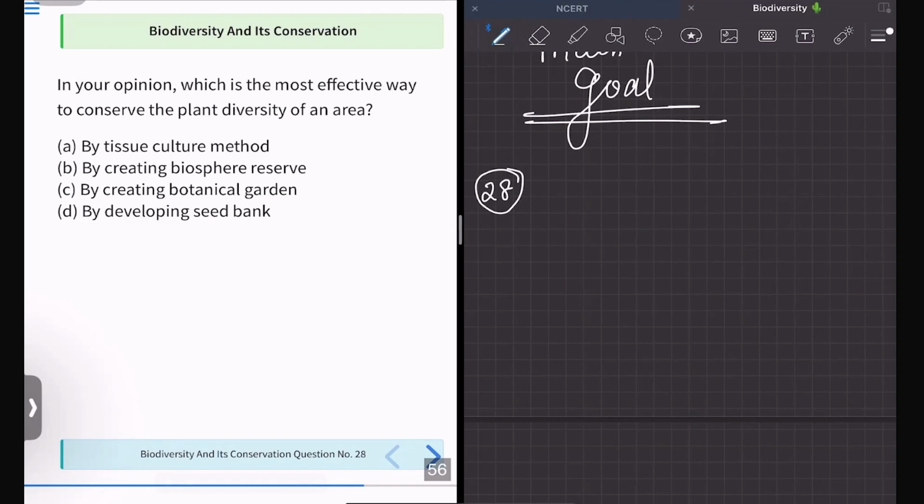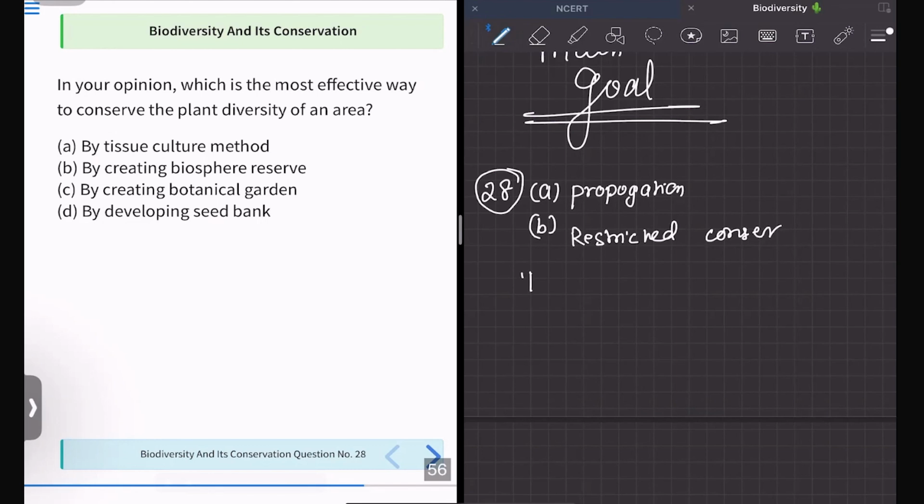Option A, tissue culture, is for propagation, meaning a specific plant is created by our own means, and it does not help you conserve the diversity in a whole area. By creating a reserve and botanical garden, we also have a restricted conservation because there is some limit to it.